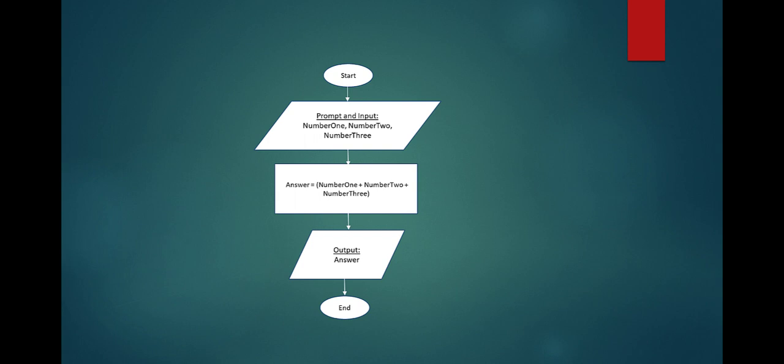So we have here start, and then the arrow denotes the flow of control. So we start, then we prompt the user, and we input a value, right? So that's why I have here prompt and input, meaning at that stage we prompt the user and we receive input from the user. So we have num1, num2, num3.